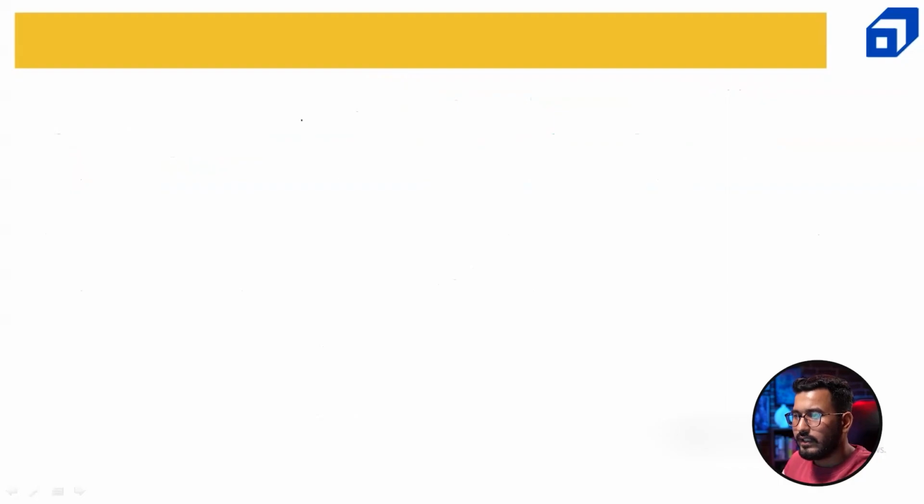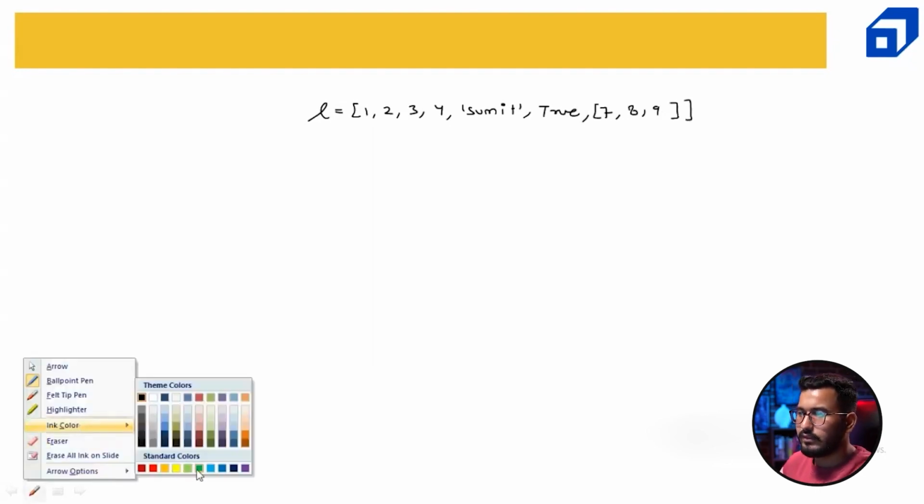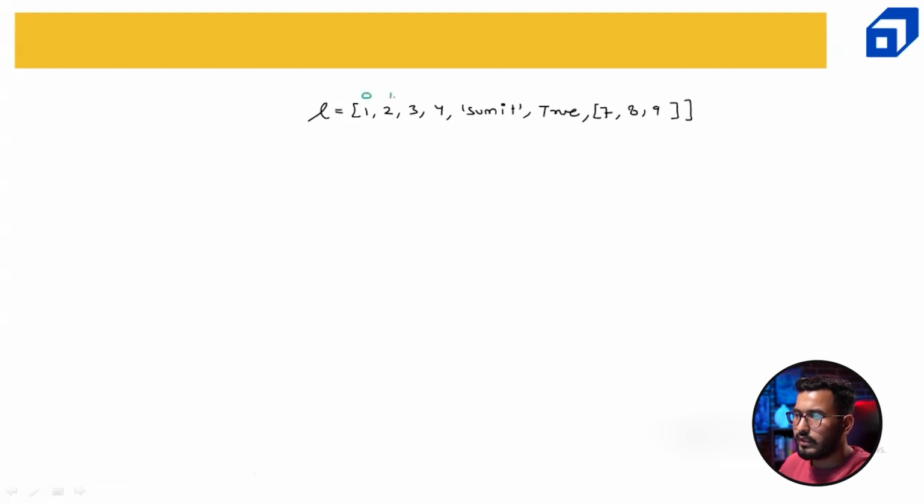Let's quickly understand slicing also. So let's create a list: 1, 2, 3, 4, Sumit, true, 7, 8, 9. Let's assign the positive and negative index. So 0, 1, 2, 3, 4, 5, 6.